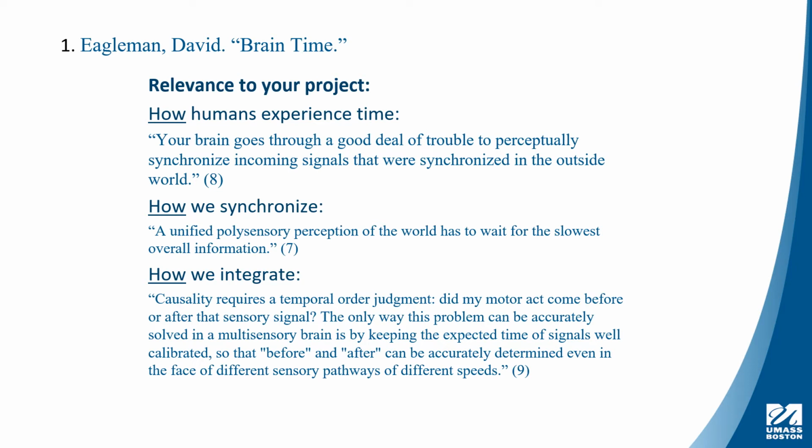I've given you a quotation here for each of these topics, but he actually says a lot more than is represented on this screen. Regarding how we experience time, he says, "Your brain goes through a good deal of trouble to perceptually synchronize incoming signals that were synchronized in the outside world."